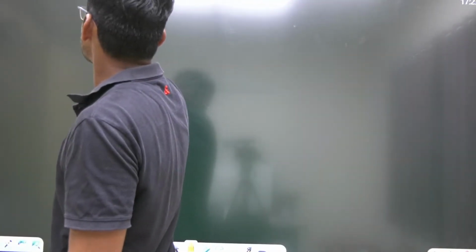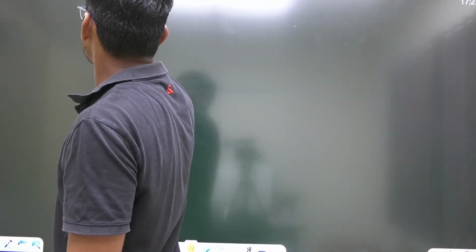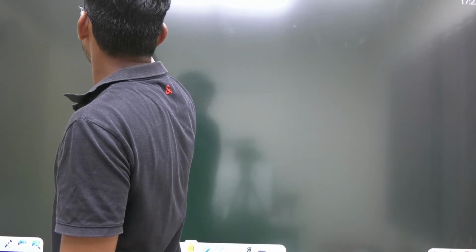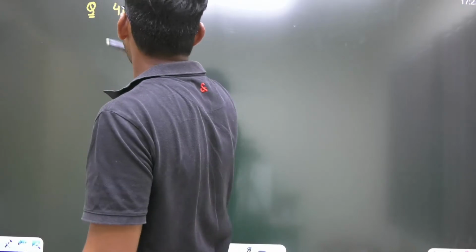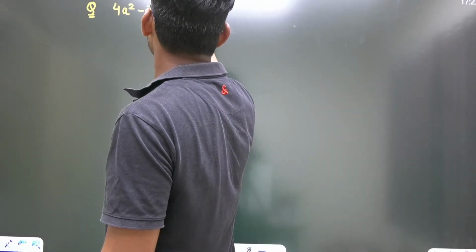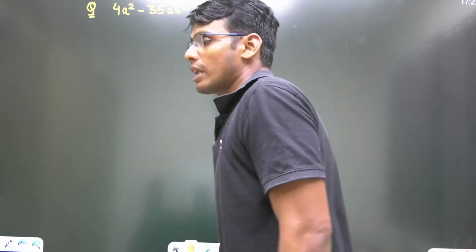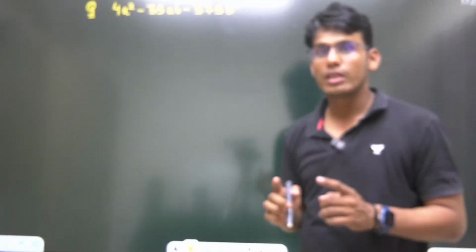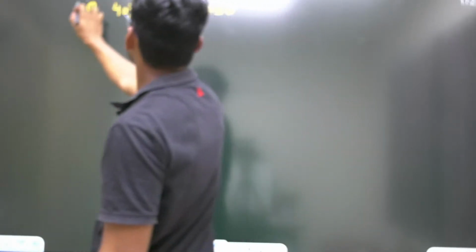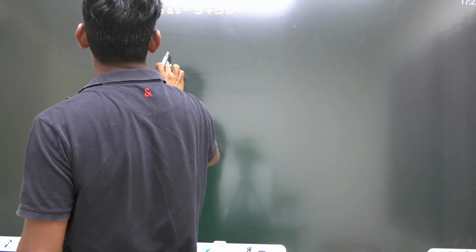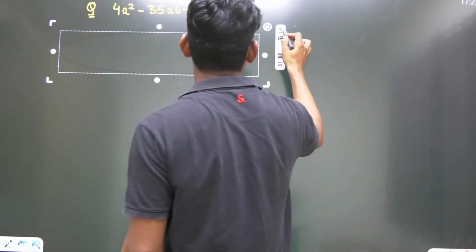Question. This might be a tad bit difficult. 4a square minus 35ab minus 375b square. Right? Now this difficulty is, just a second. Oops.